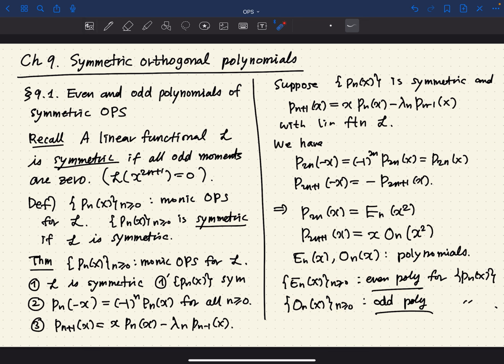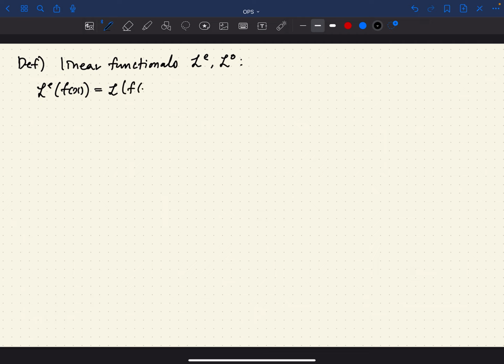So to do that, we're going to introduce linear functionals. So define linear functionals L_E and L_O in this way. L_E of f(x) for a polynomial f is just the original linear functional applied to f(x squared).